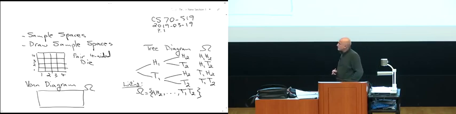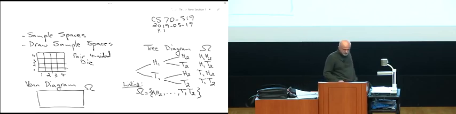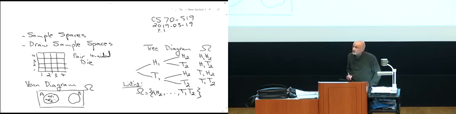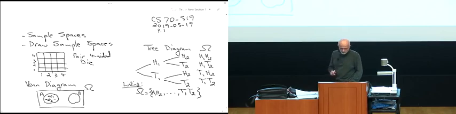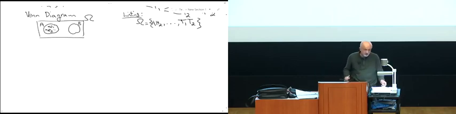I represent the overall set as omega. That's my sample space. Within this sample space, I can define events, A and B, and within each, I can define sample points. Okay? All of that should be fairly straightforward.